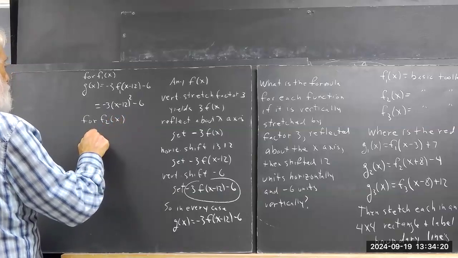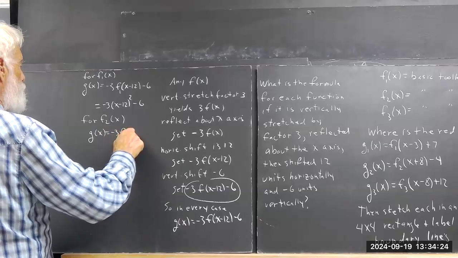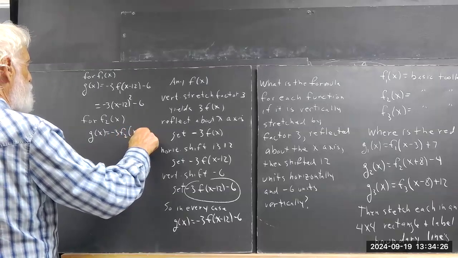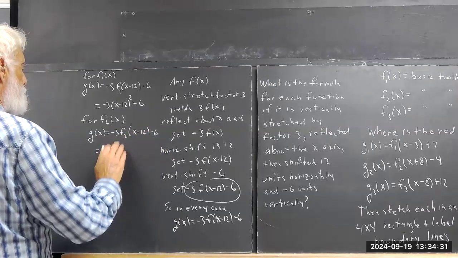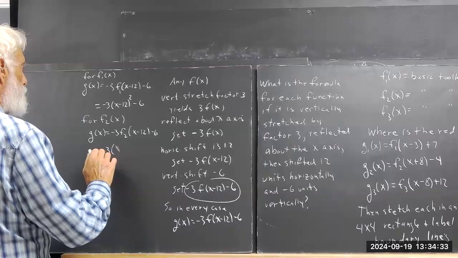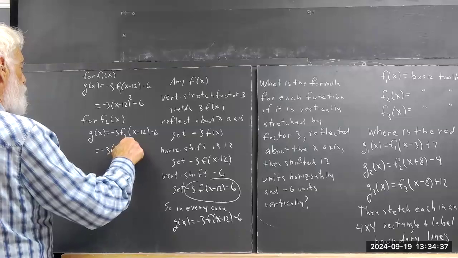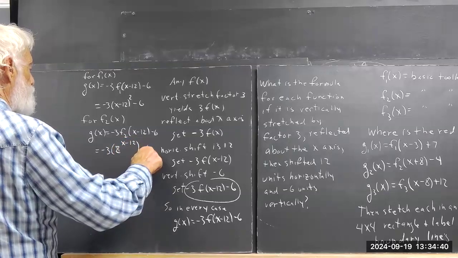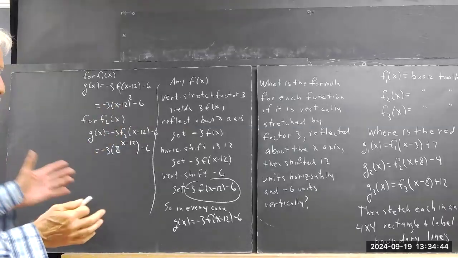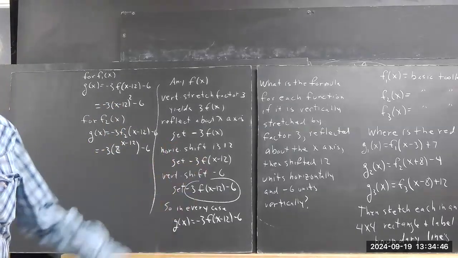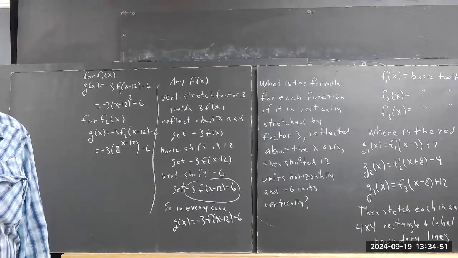F2 of x, g of x still equals negative 3 times the function, but now it's f2, x minus 12, minus 6, equals negative 3 times that exponential function, 2 raised to the x minus 12, minus 6. That's very different than this function. But what you do with that 4 by 4 square is the same in every case.